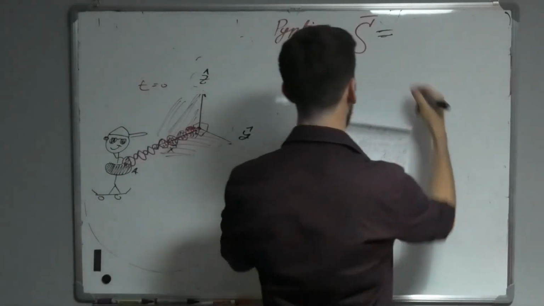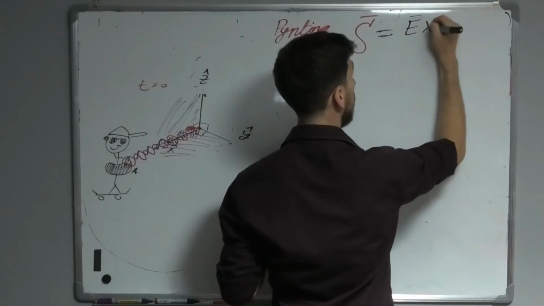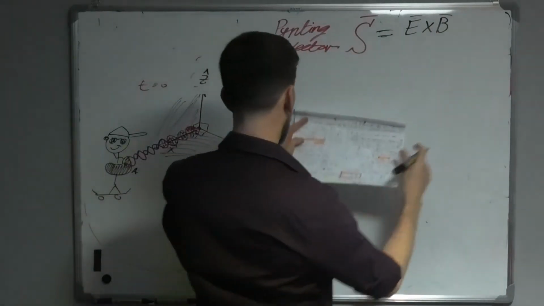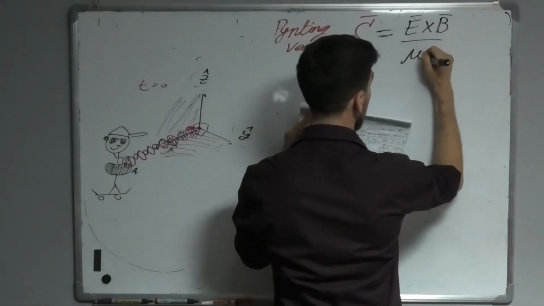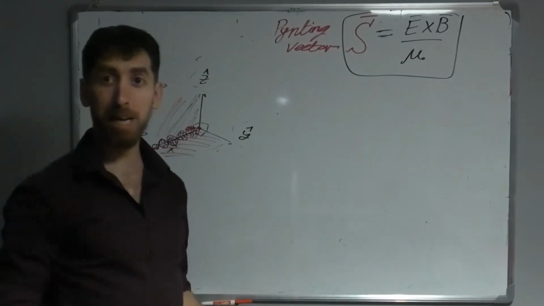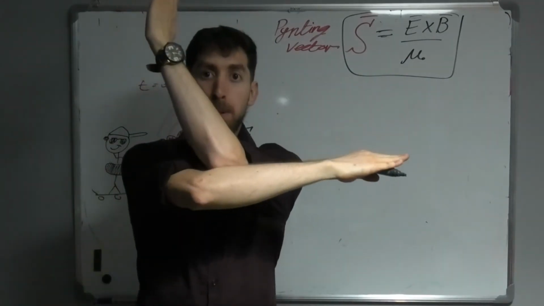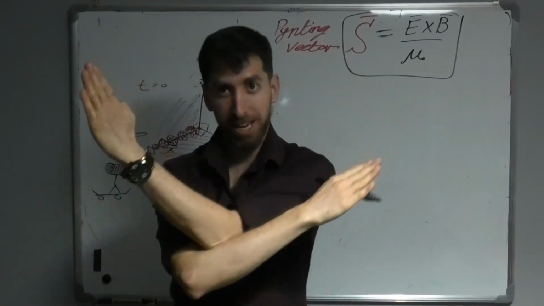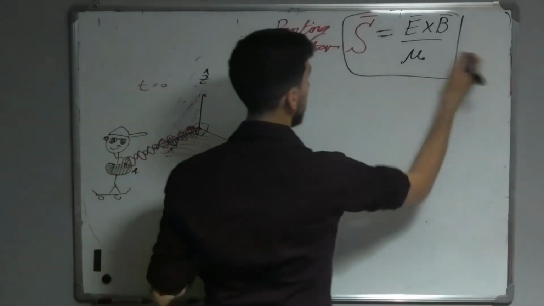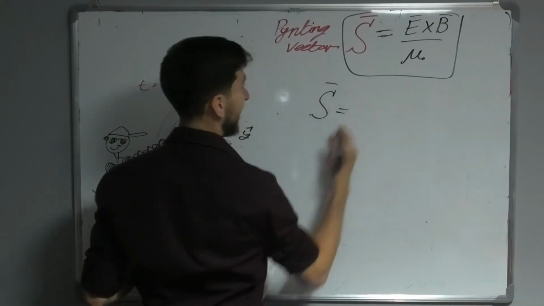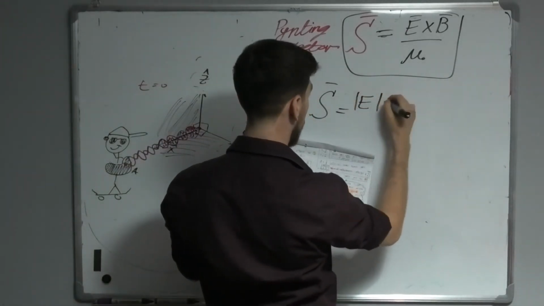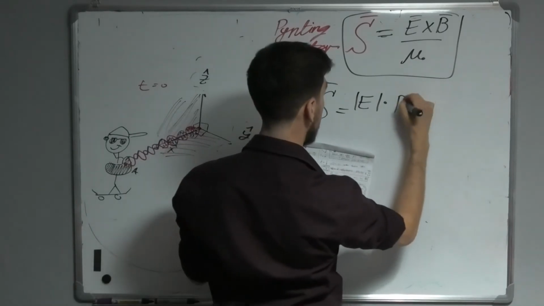It's equal to E, the electric field, cross B, these two vectors. But don't forget to divide by mu 0. That's all. And in our case, E and B are always perpendicular to each other, always at a 90 degree angle. So we can say that S is E magnitude multiplied by B magnitude.